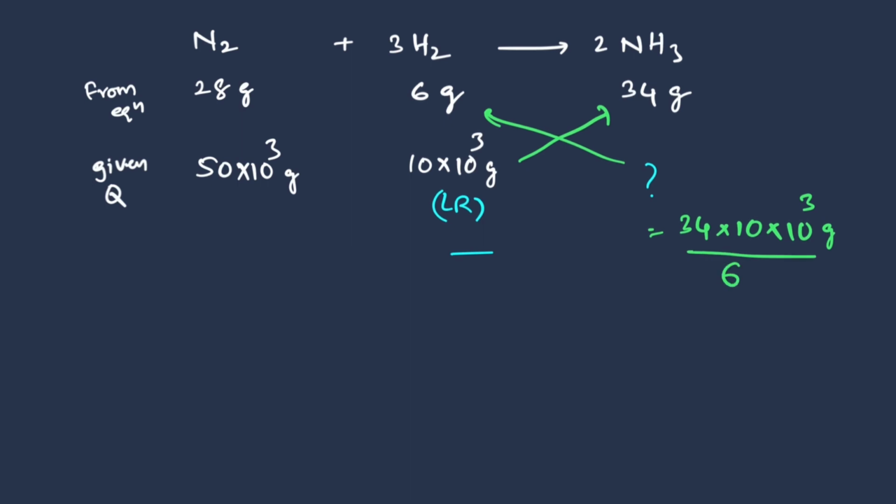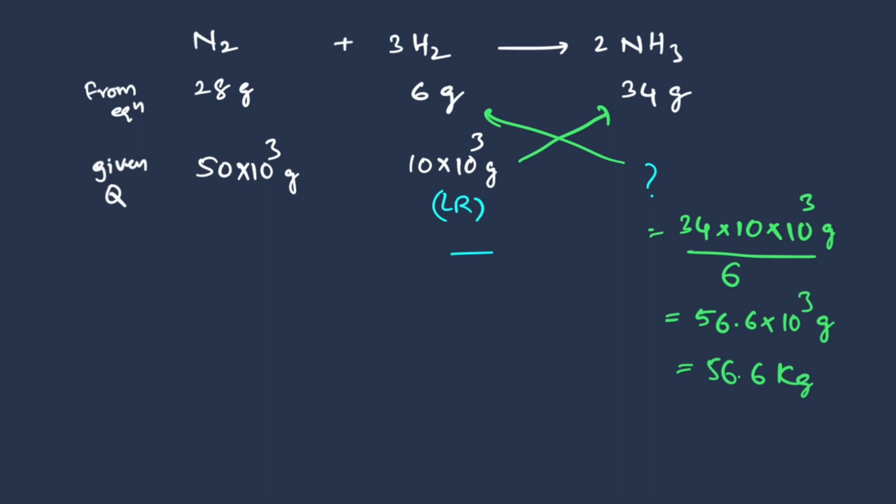So this is converted into 56.6 into 10 power 3 grams, then 56.6 kgs. This is a simple 2 or 3 line answer, but whatever I calculated previously is applicable for every type of question. You can use that concept. It is easy to calculate.